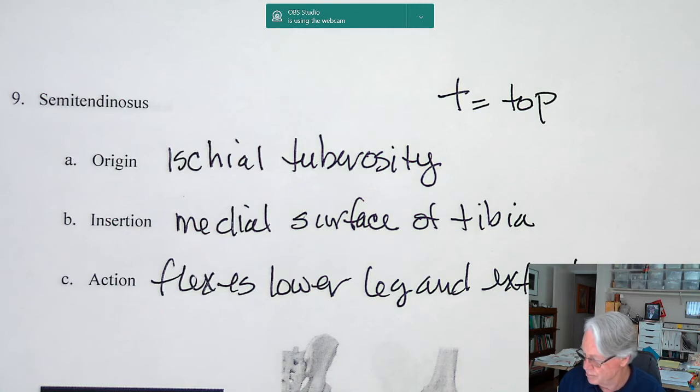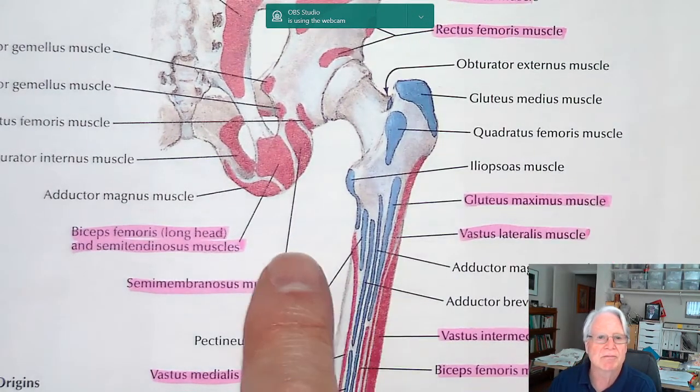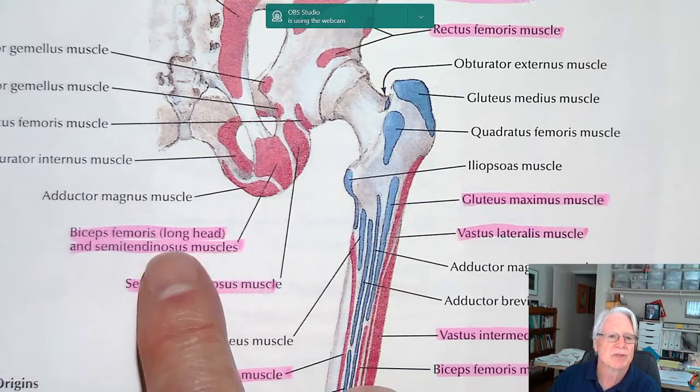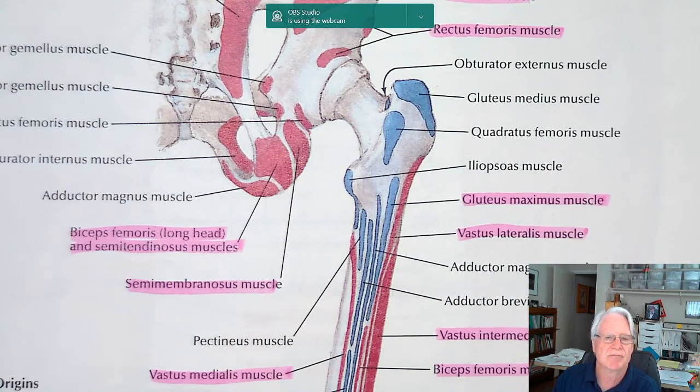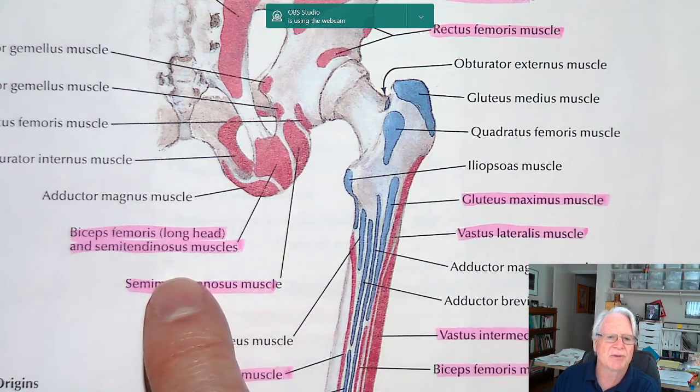So, semitendinosus, origin. Semitendinosus, the origin, is the ischial tuberosity. We'll also see that is for the semimembranosus.